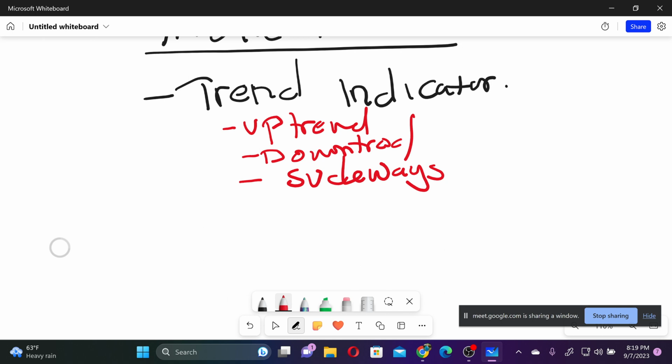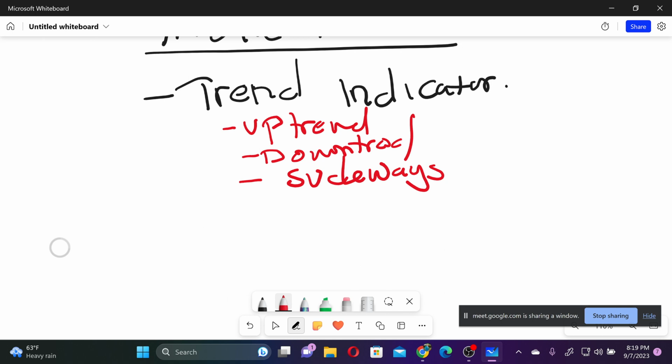All these indicators depend on where you actually want to use them. If you want to see whether the market is on a trend, which trend, you have to select not just a random indicator, but you have to know what you want in the market.